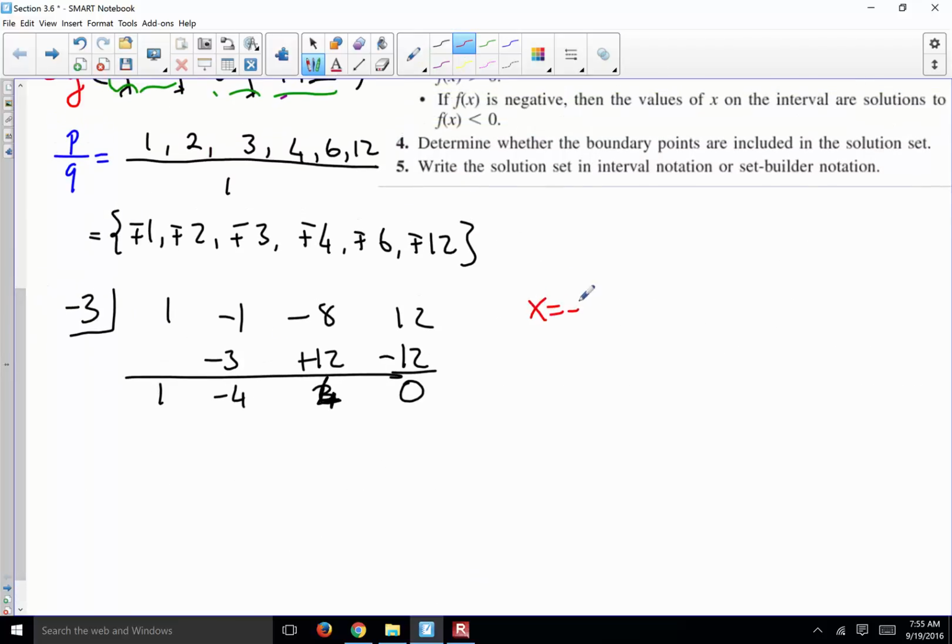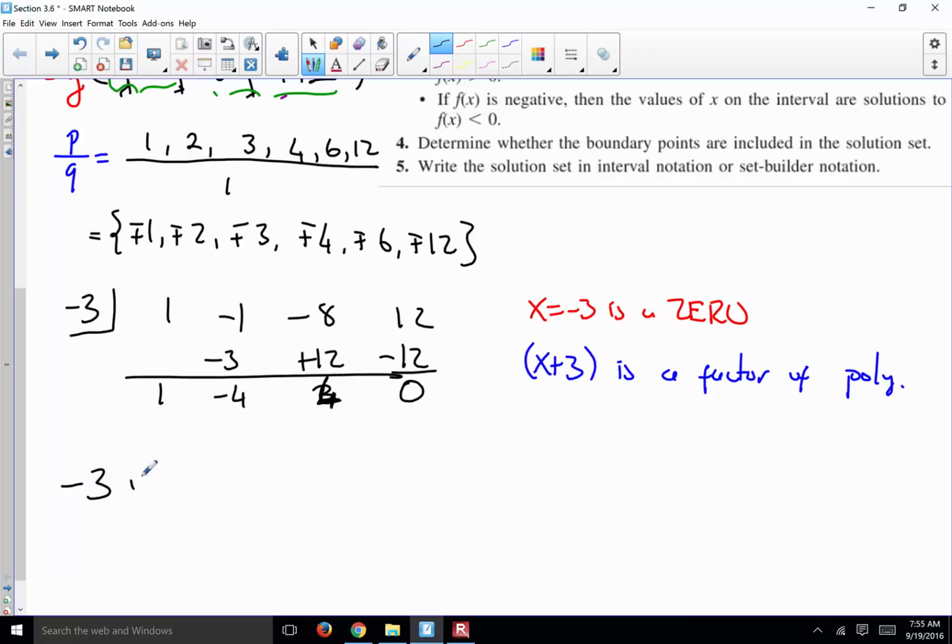x equal minus 3 is a zero. That means x plus 3 is a factor of the polynomial. No, not x, I'm sorry, our variable here is y. Please flip these to y's.